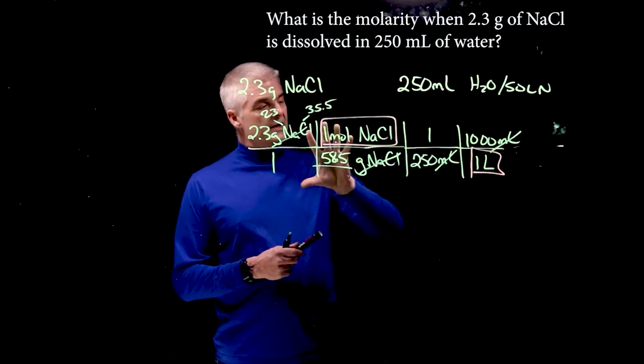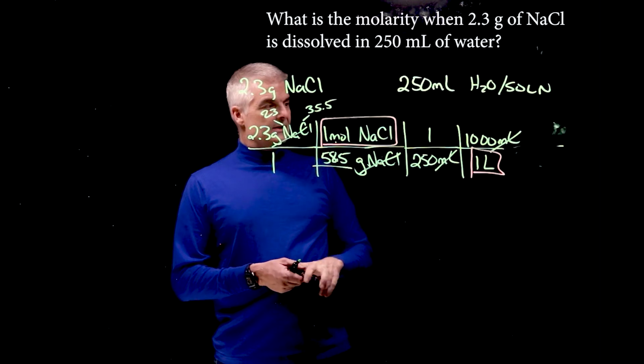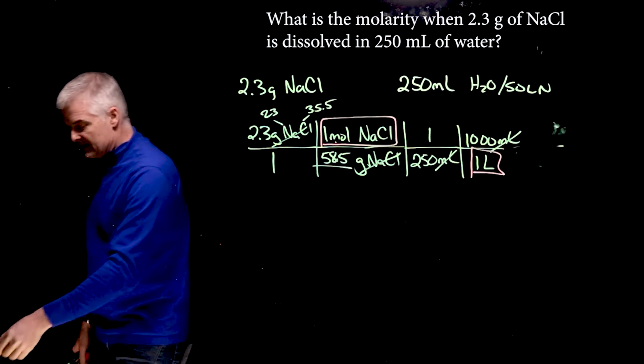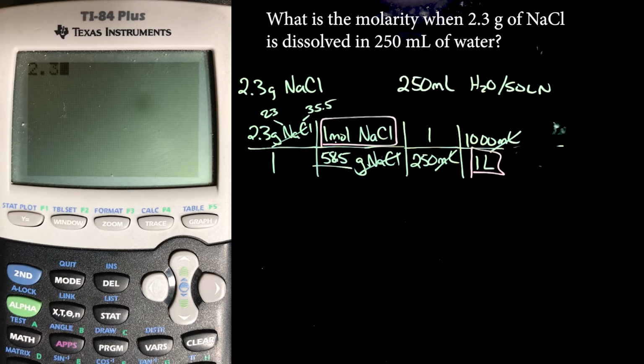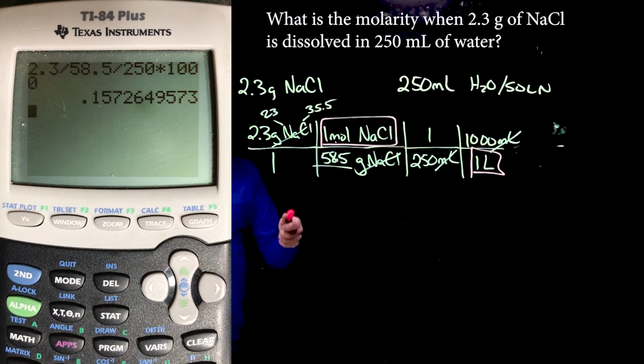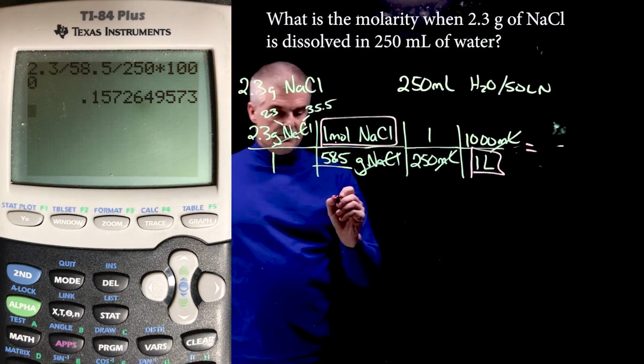So I can just do one complete calculation. Let's go to our trusty dusty calculator. I take 2.3 divided by 58.5 divided by 250 times 1,000, and I get 0.157.